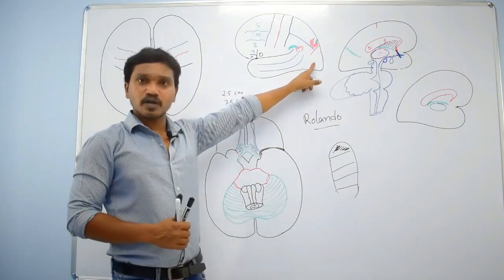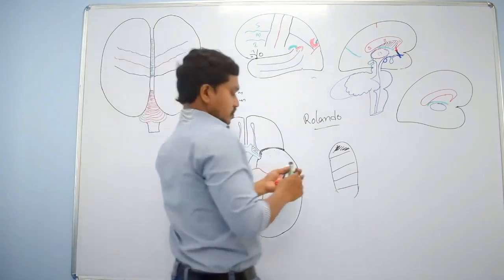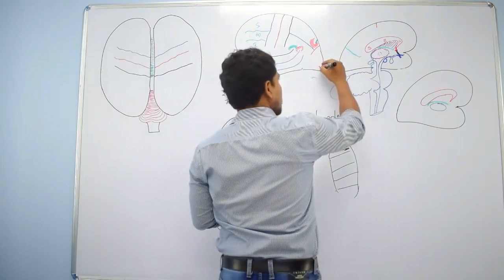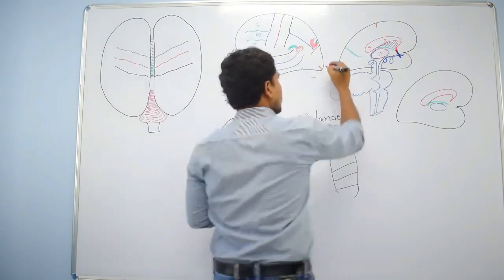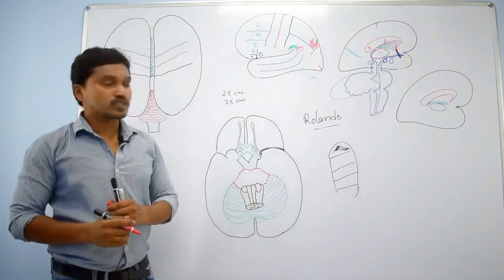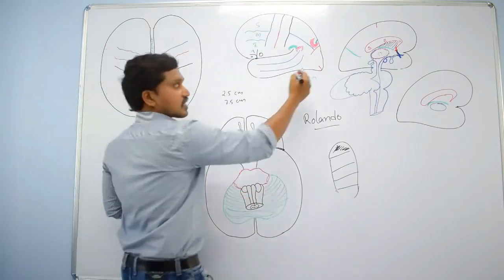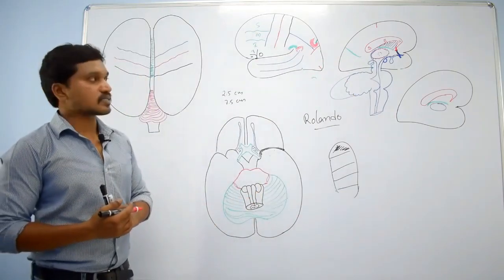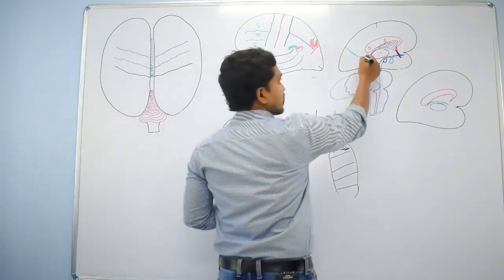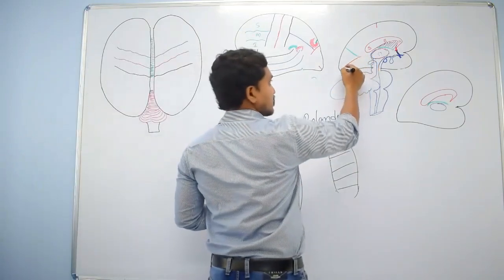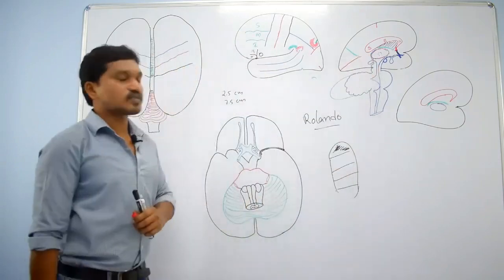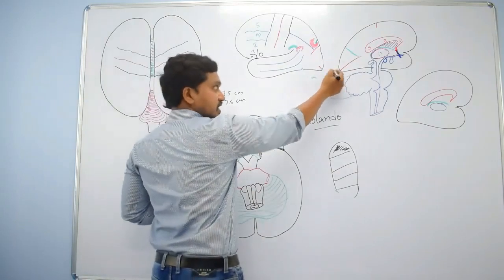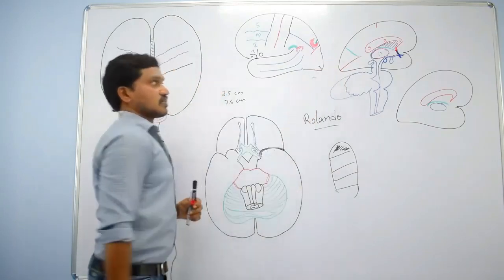Then the occipital lobe. Here you can observe one sulcus just in front of the pole. This sulcus we call the calcarine sulcus. Actually it arises in the medial surface, but it winds here and extends into the superior lateral surface.